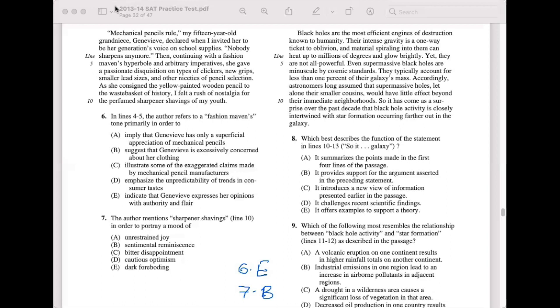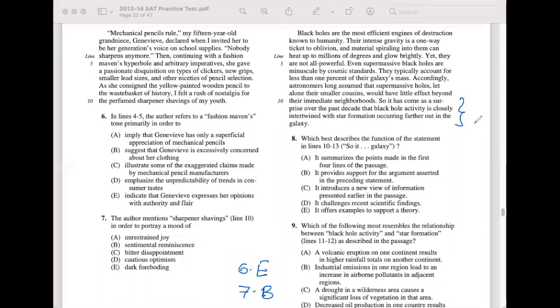Okay, number 8. What best describes the function of the statements in lines 10 to 13? So 10 to 13 is that statement where the author talks about a surprise related to black holes. It summarizes the points made in the first 4 lines of the passage. It provides support for the argument asserted in the preceding sentence. It introduces a new view of information presented earlier in the passage. It challenges recent scientific findings.